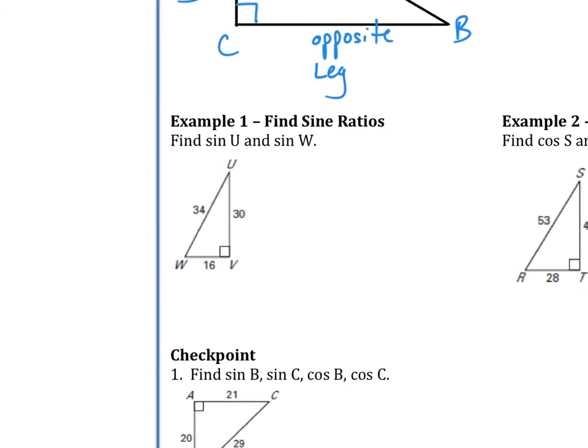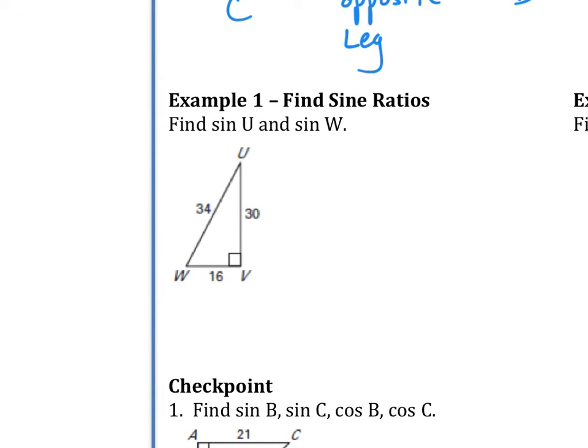Okay, so in example 1, it says find the sine ratio of u and w. So if we do the sine of u, we'd write it like this, sin for sine of u, equals, sine is the opposite over the hypotenuse. So the opposite leg is 16, and the hypotenuse is 34.